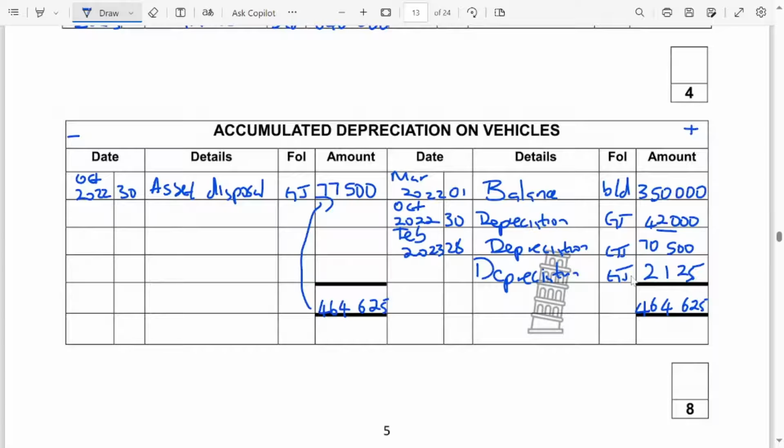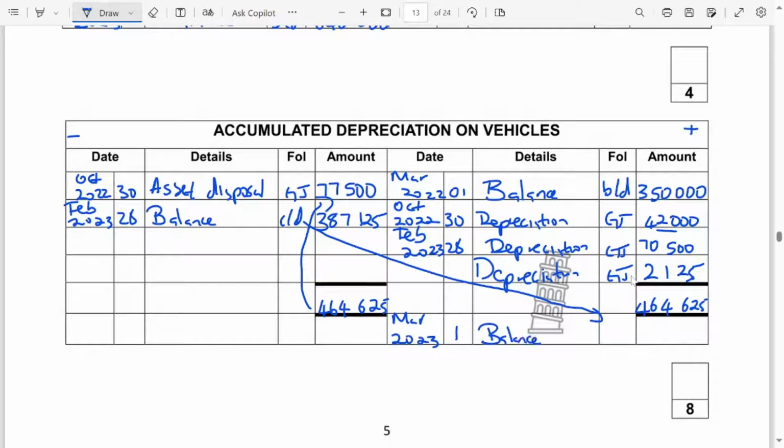That is going to be 387,125. So this is the closing balance, the balance carried down at the end of the year on 28 February 2023. So the closing balance, it must be transferred to the opposite side at the beginning of the following month. So the following month after February, it is 1 March 2023. It's the balance brought down of 387,125.